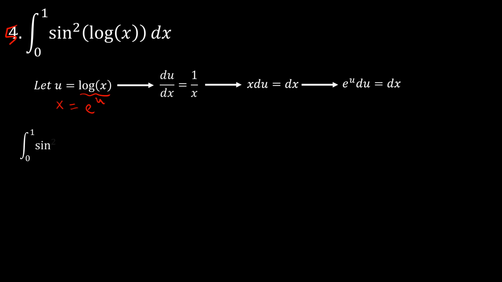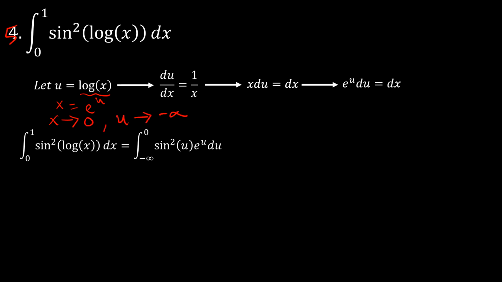And now the important bit here is that in this integral of ours, it's very important to see that as x tends to 0, u would tend to negative infinity. As x tends to 1, u tends to 0. And that's why we have here negative infinity at the lower limit and 0 at the upper limit.